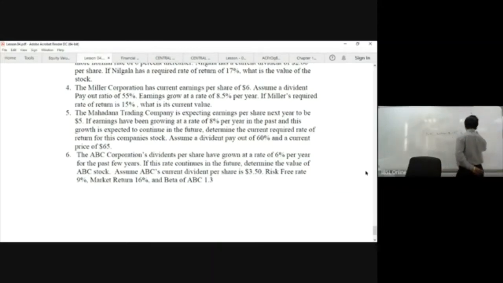These are the information available. Now it seems that first of all we need to get the required rate of return to calculate the company share value.